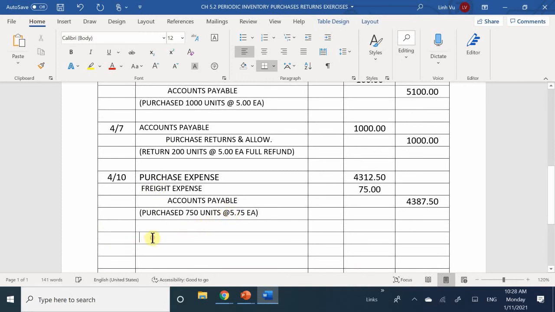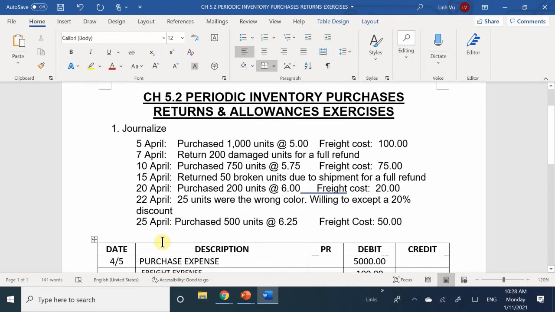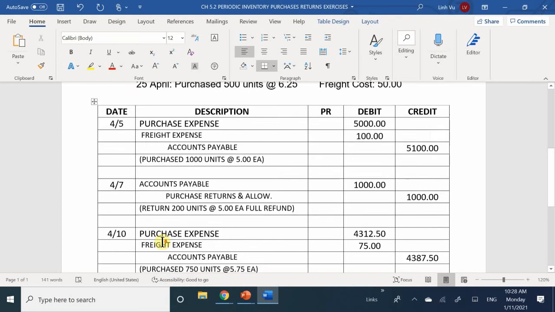$5.75 each. So if I were to make a return, which in the next scenario, on April 15, you end up returning 50 broken mugs due to shipping, and you got a full refund. Accounts payable. So yes, you're going to decrease your accounts payable.